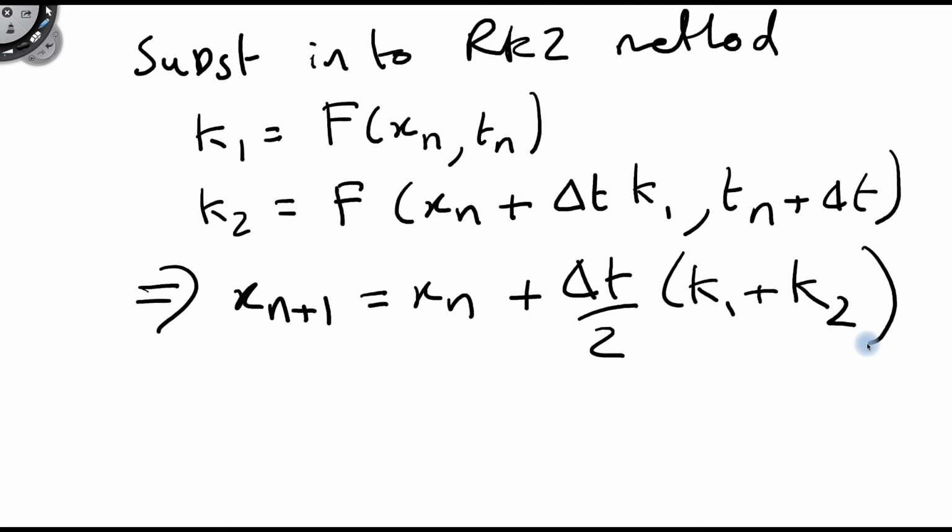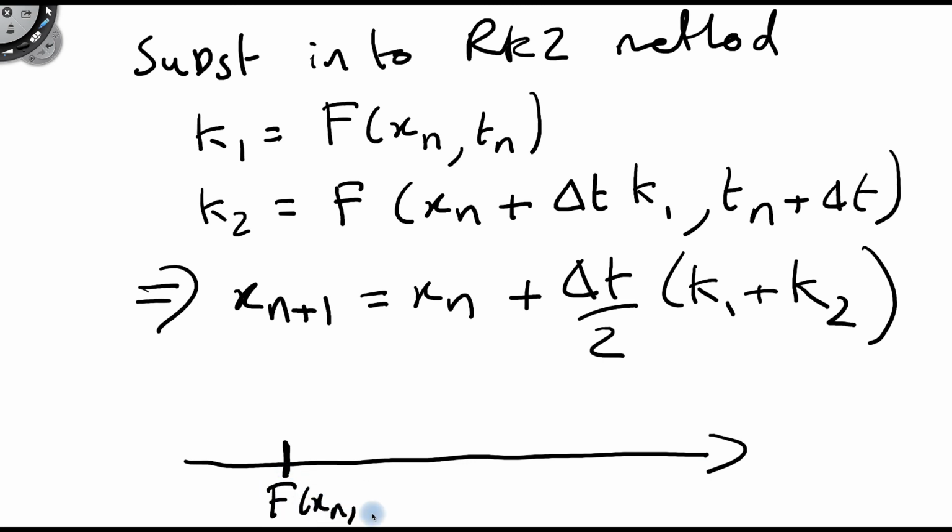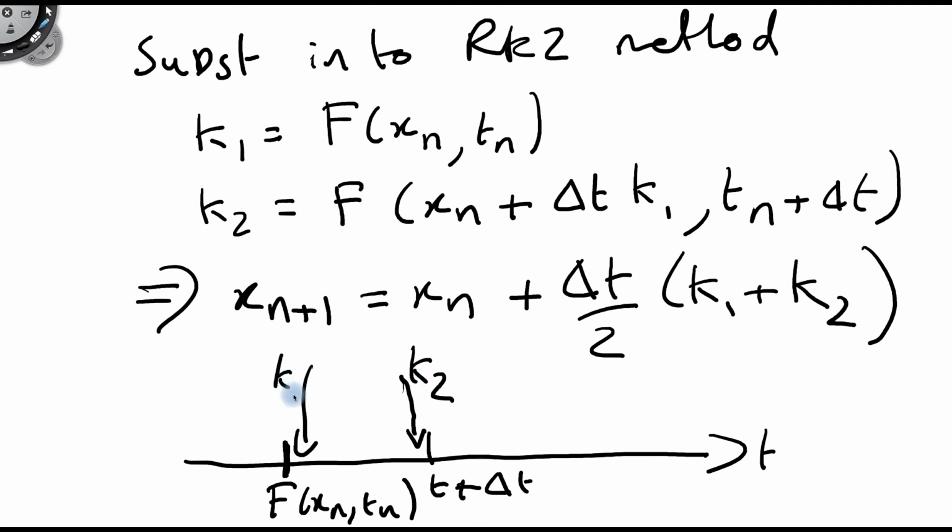This is the most common form, and we can see what we're doing if we just look on the timeline. We're evaluating f at x of n, t of n at one point, and then t plus delta t, and then K2 is an attempt to find the function at the other end. So by averaging the two together we get the new value.